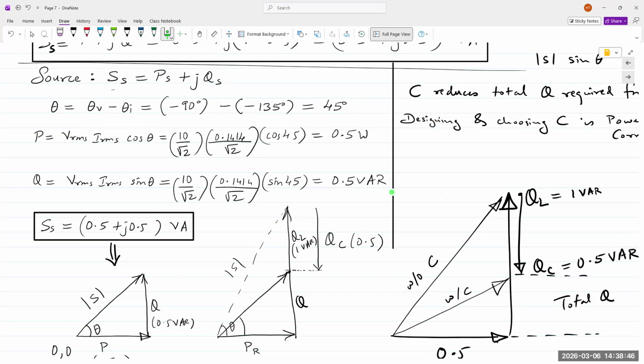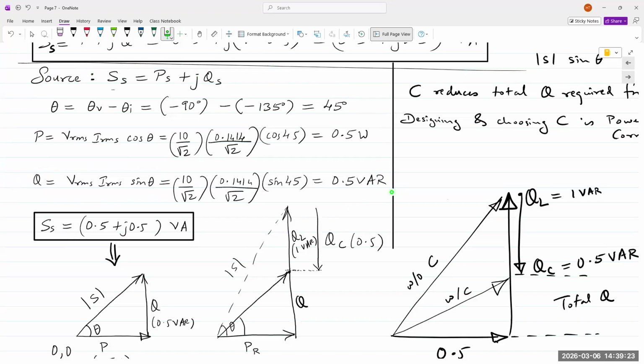Total power for the source, VRMS times IRMS cosine theta, gives me 0.5 watts. Total reactive power for the source, VRMS times IRMS sine theta, gives me 0.5 VAR. Again, I obtain the exact same answer, 0.5 plus j0.5. If the question was simply to find the total power supplied by the source, we would not do any of the above analysis. We would only do this, and that's it.